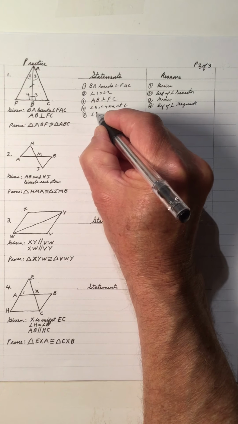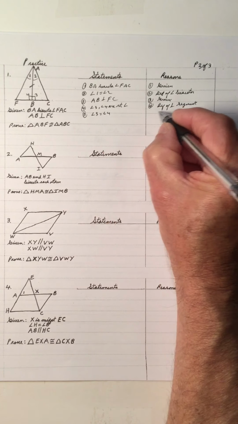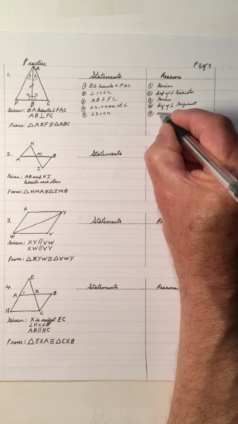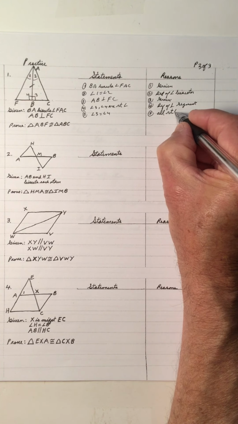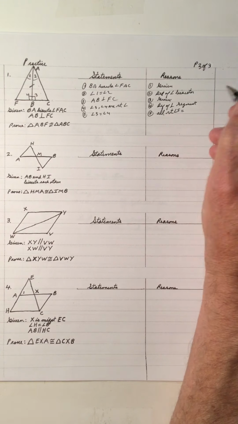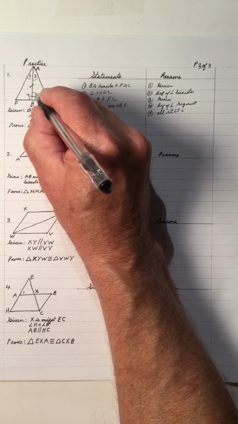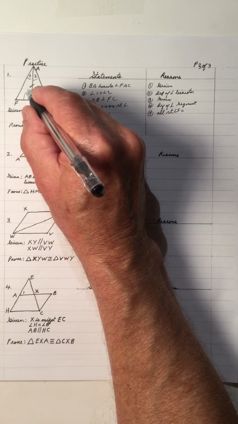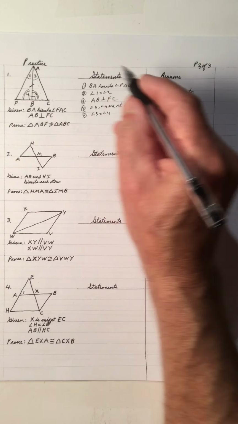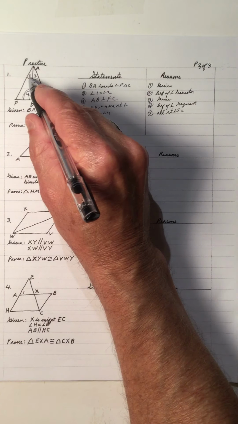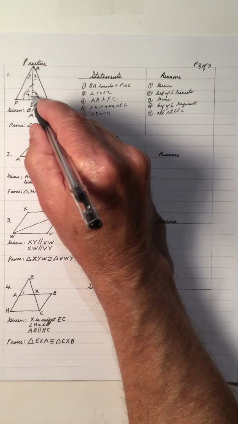And angle 3 equals angle 4 because all right angles are equal. I did that in a previous proof. And now we have 3 is equal to 4, 2 strokes. So I have these two angles equal right here. I have these two angles equal.